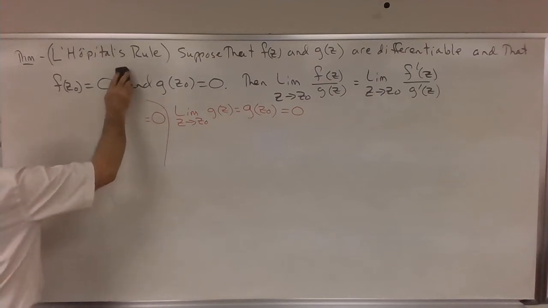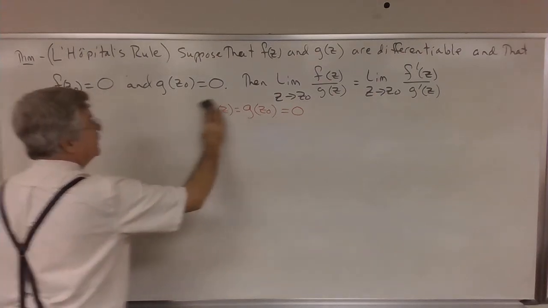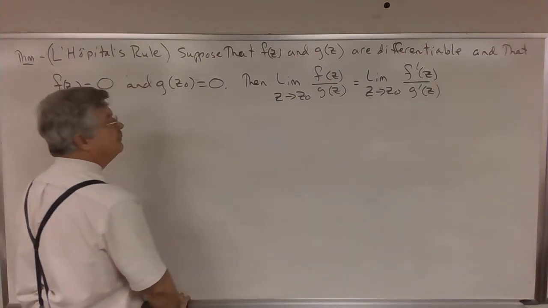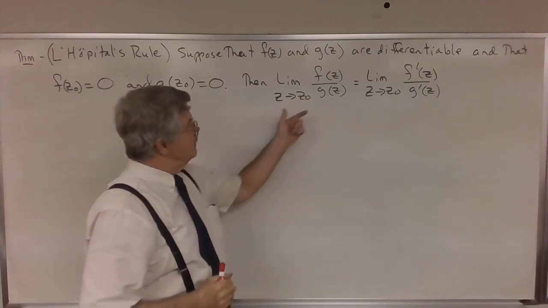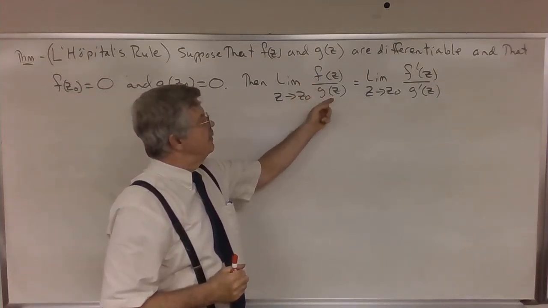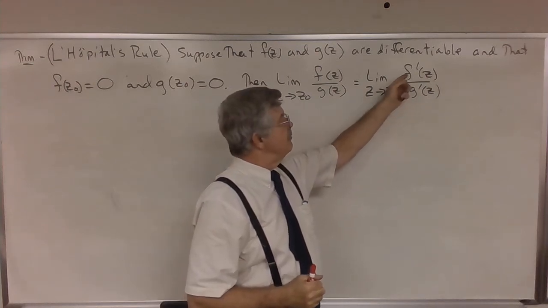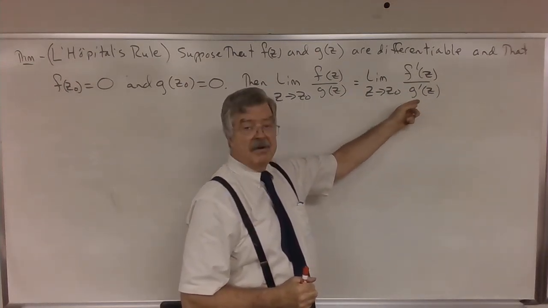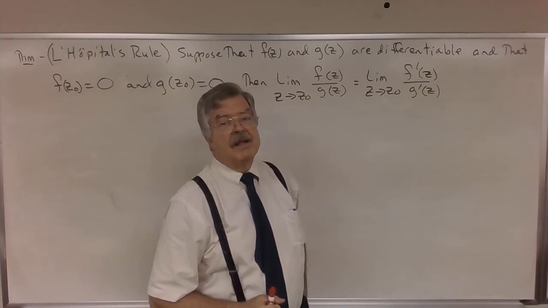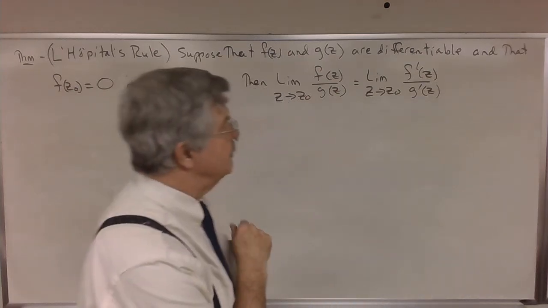Now, the conclusion of the theorem is that given this scenario, we can compute the limit of f of z over g of z by computing the limit of f prime of z over g prime of z. Now let's see why that works.